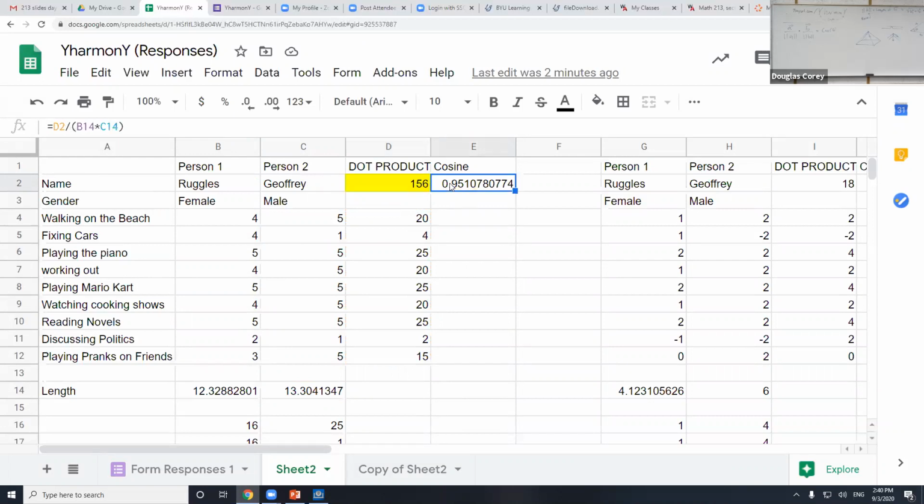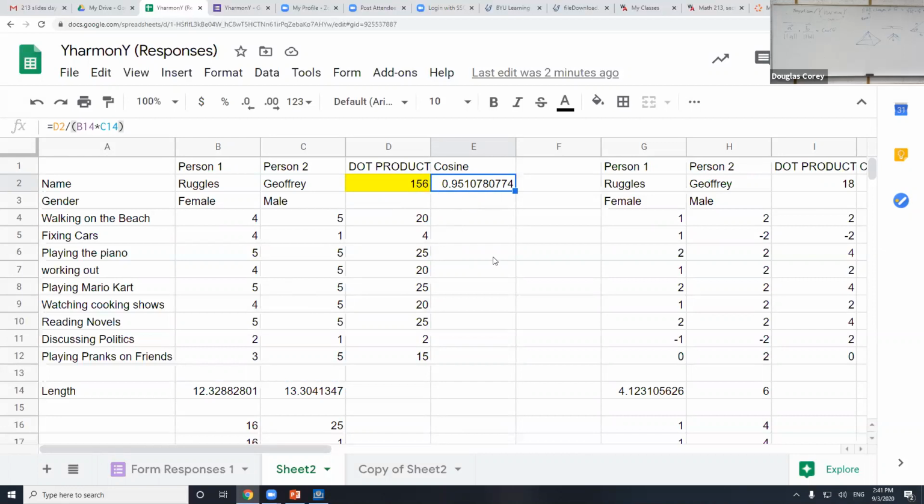So we divide by the lengths. I divide by both of those lengths, and I get nearly a perfect fit, 0.95. That's really good. The matches we made in the last class, the closest one we had was like 0.6. So you're going to love this dog, Jeffrey.